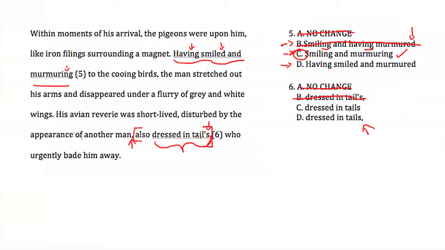Well, if we read it without this section, his avian reverie was short-lived, disturbed by the appearance of another man who urgently bade him away. Well, that's a complete sentence. So this really is just an addition to the sentence. It's unnecessary information, but they're giving it to us anyway. They're telling us that this new man is also dressed up. But it's not key to the structure of this sentence. So we do want the comma, and since we do want the comma, answer D is our best answer.